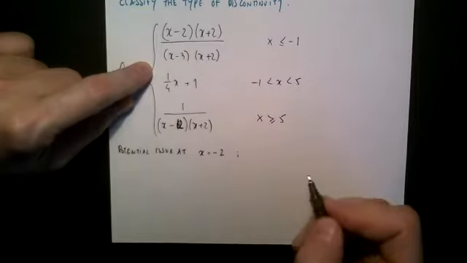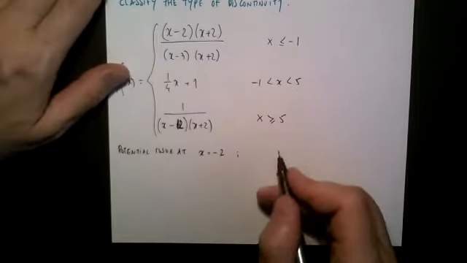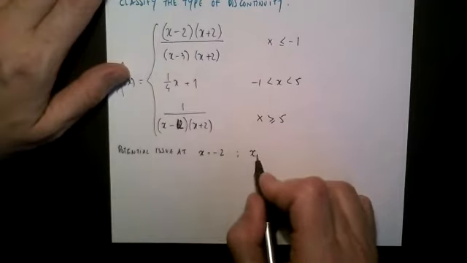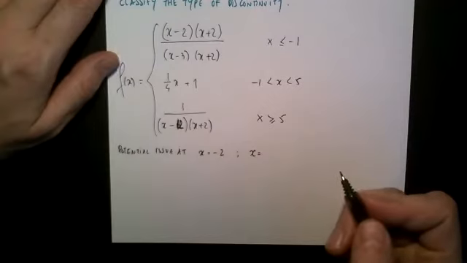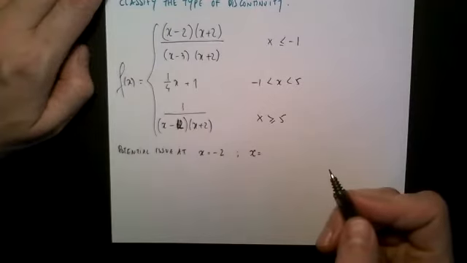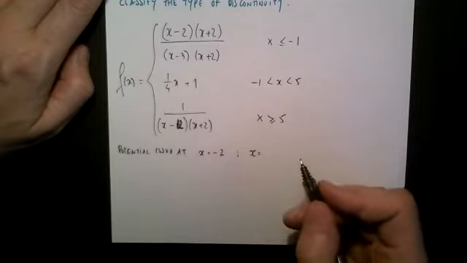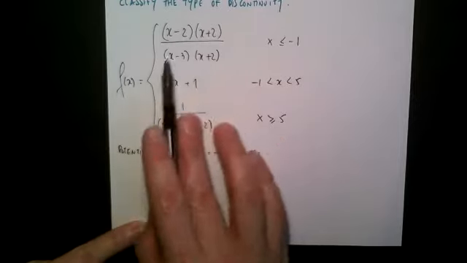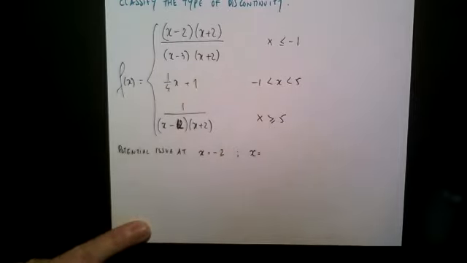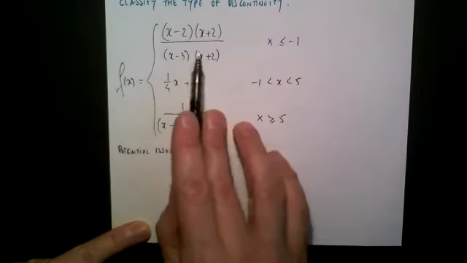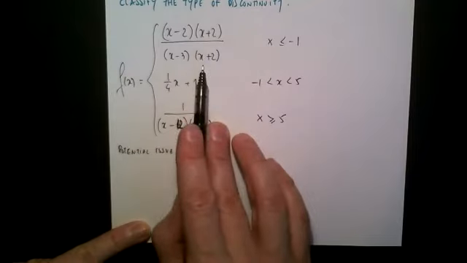What else? Where else do I need to investigate? X equals what? You guys are sleeping. Wait, can you repeat the question? Yeah, what are the values of x where the function might be discontinuous? So we set at -2 because we have a denominator of 0 here.